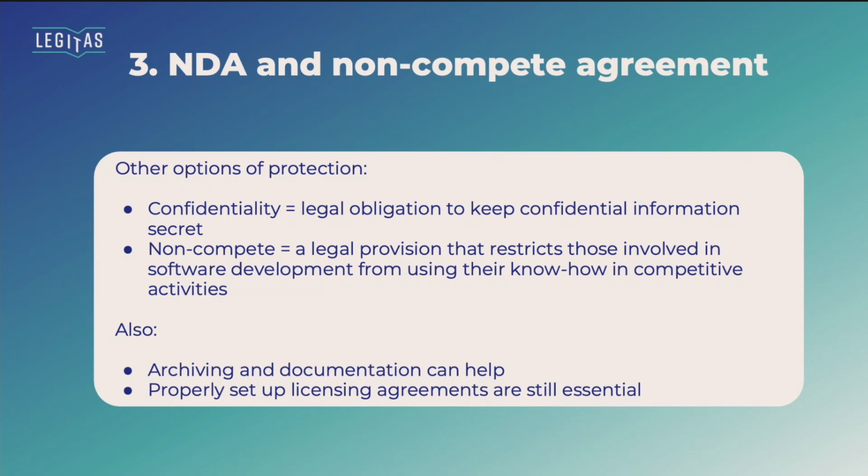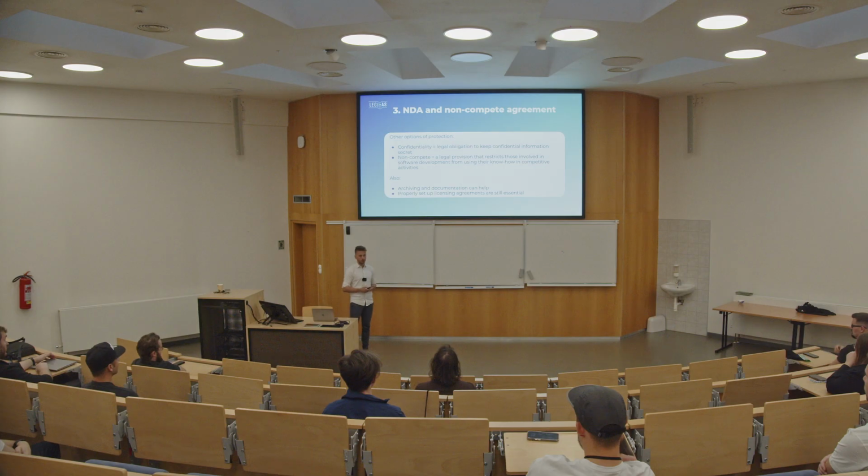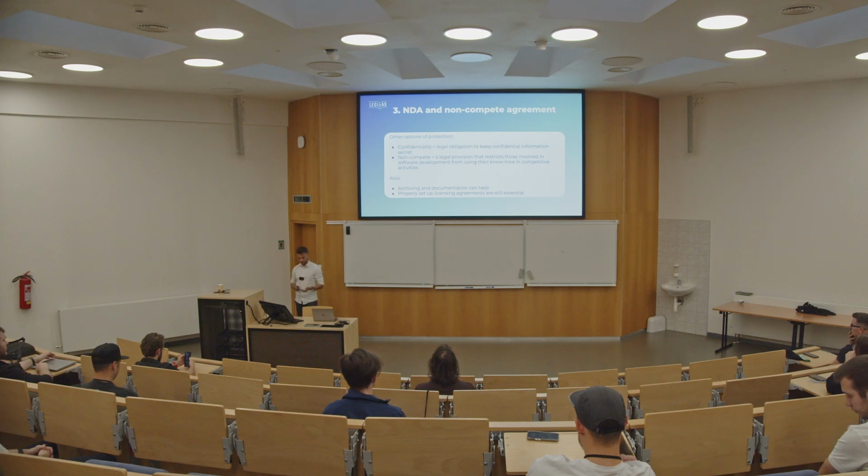But also keep in mind that there's still a chance that somewhere in the future, even though that software wasn't created by a human but by AI, some court will say that it is a copyright work. Therefore, I should still archive and document all of the prompts and all of the procedures, and also still think about licensing agreements being essential.